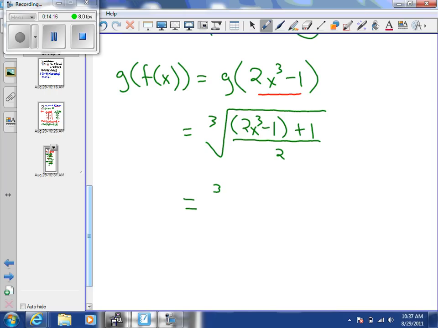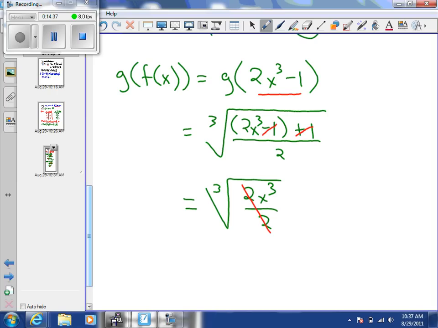So let's do some algebra. In the numerator, I notice that these parentheses are unnecessary, so I'm left with the minus 1 and the plus 1 canceling each other, so I have 2x cubed divided by 2.